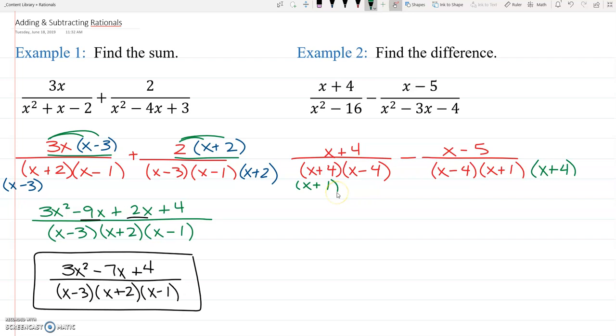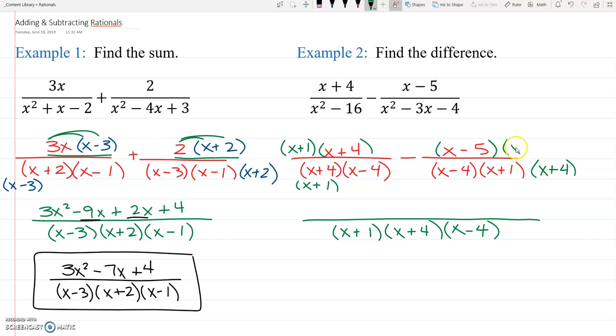I like to immediately write what my whole new denominator is going to be: x plus 1, x plus 4, and x minus 4. Okay, to avoid breaking the law, I've got to multiply by the same thing on top. So I'm going to need to multiply by an x plus 1 up here, and an x plus 4 up here.